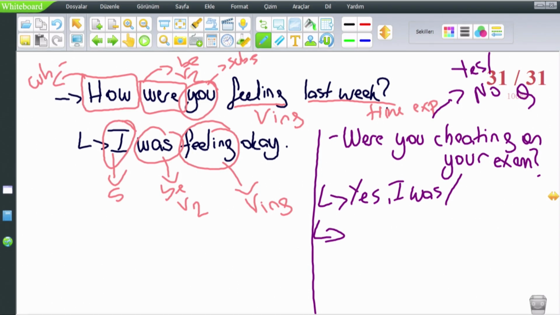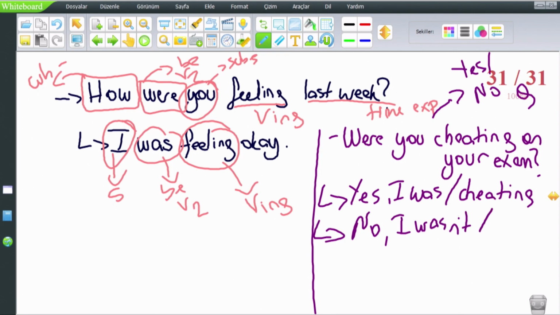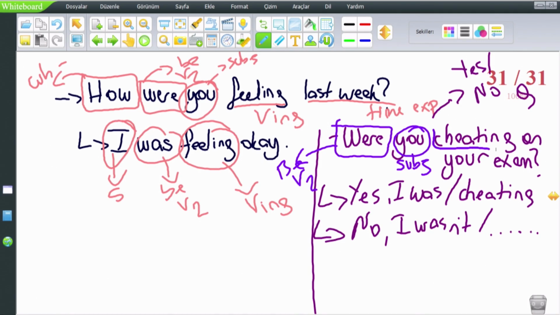If I continue from here, yes, I was cheating on my exam would be our long affirmative answer. And if I said no, I wasn't, or no, I wasn't cheating, it would be our negative, short and long answer. As you can see, this is a yes-no question. That's why we started our sentence with be verb to form, which is verb, subject, verb ing, and the rest is not that important.